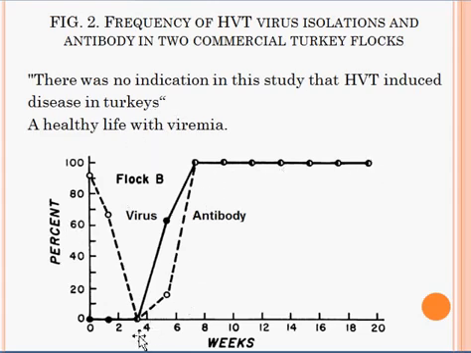And you can prove it with antibody, which is proportional to the virus load. But what is significant about this figure is there was no indication in this study that herpes virus in turkey induced disease in turkeys. So all these turkeys were clinically healthy, but they were viremic. It's a very important observation.